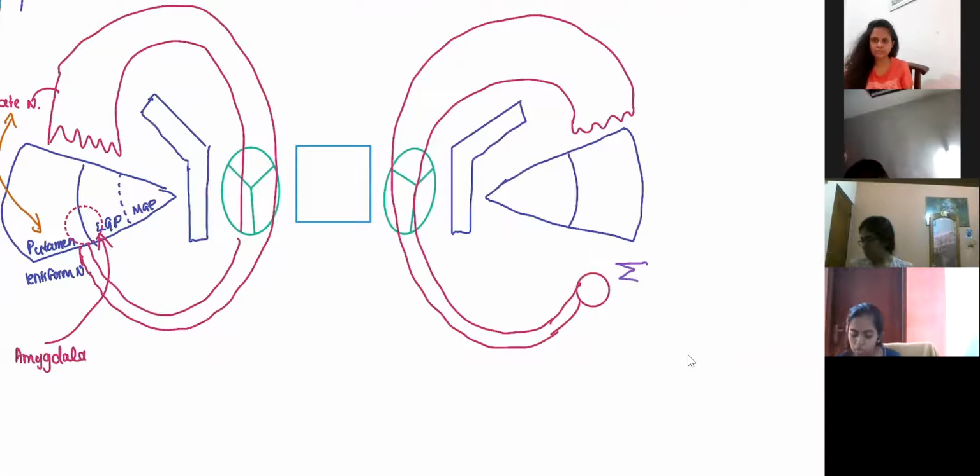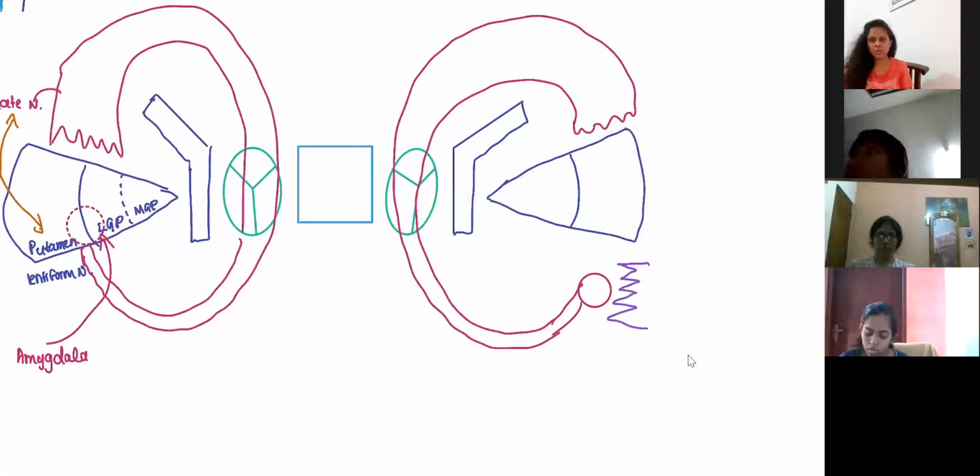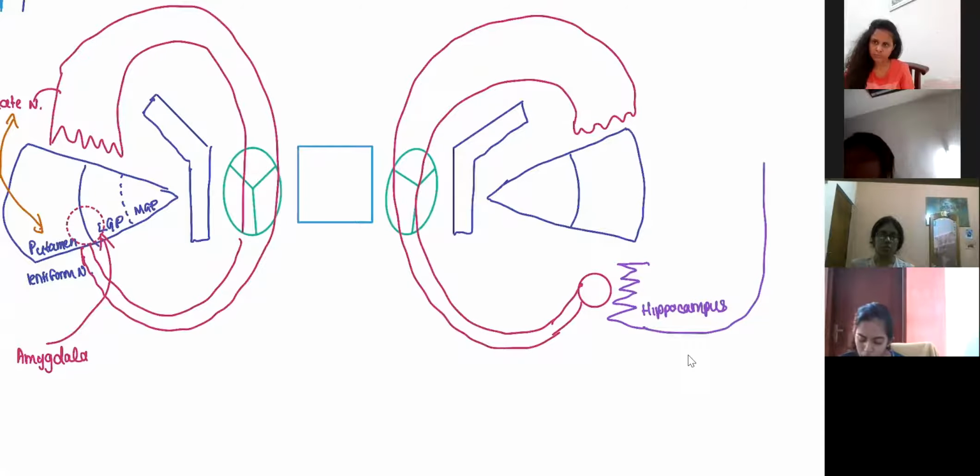What structure connects to the amygdala? Hippocampus. Yes, it's the hippocampus. Okay, and it moves up like this. So this is the hippocampus. It moves up, in the sense superiorly, as the fornix.